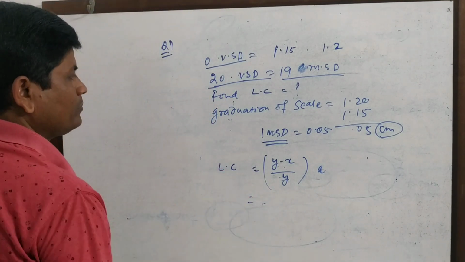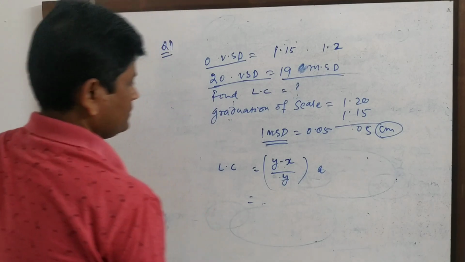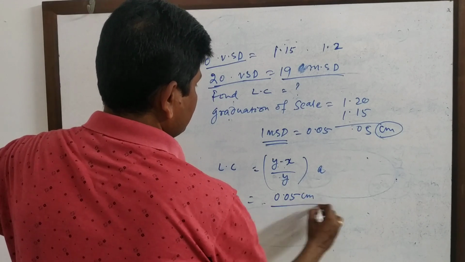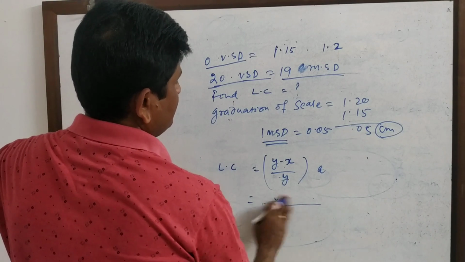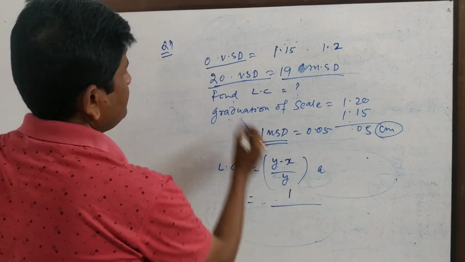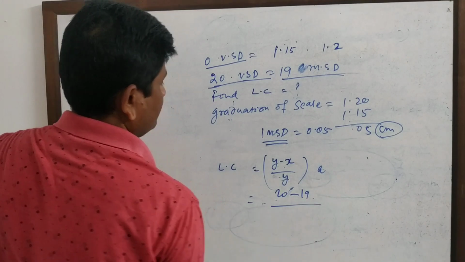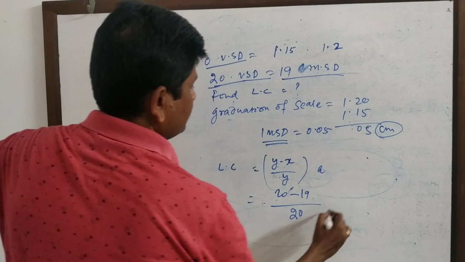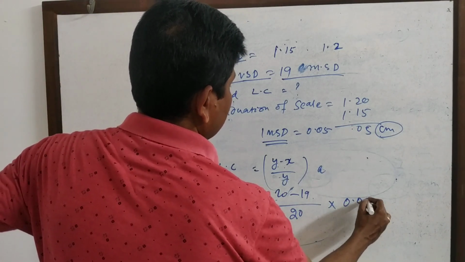This formula will be applied. Y minus x is equal to what? This is equal to 0.05 cm, and number of divisions: y minus x is equal to 20 minus 19, that is 1, by y is equal to the number of divisions, 20, into a is equal to 0.05.